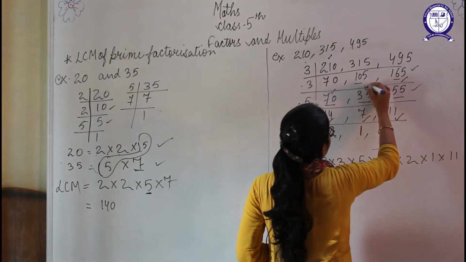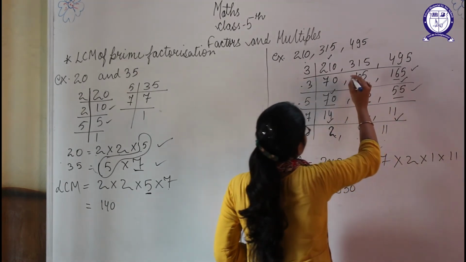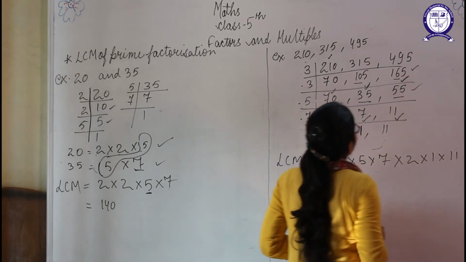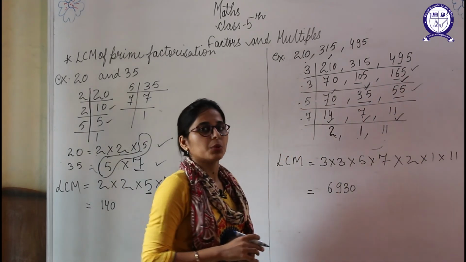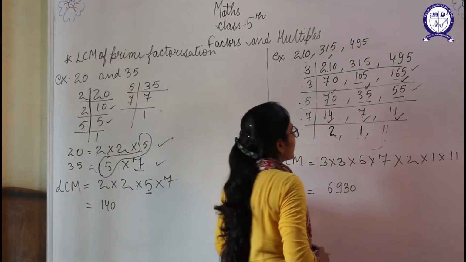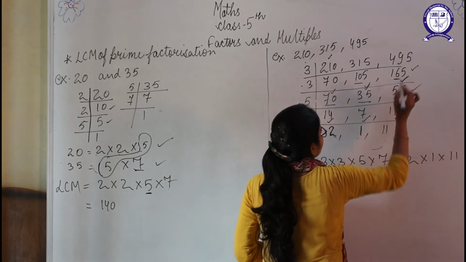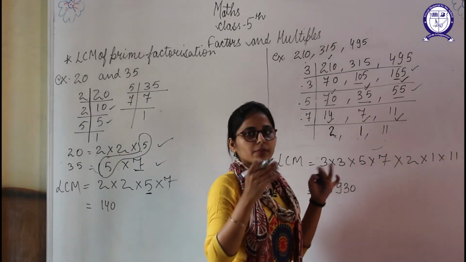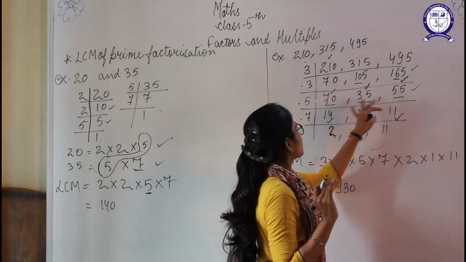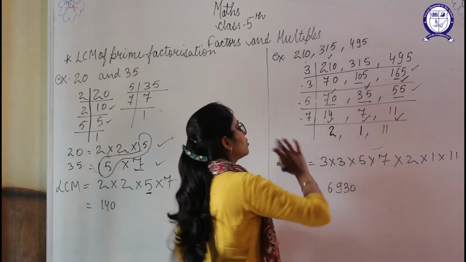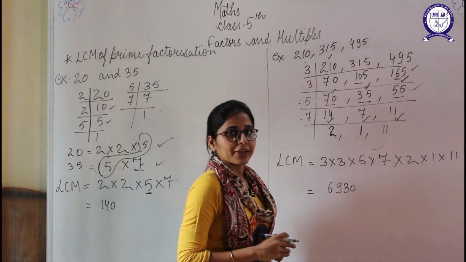Then 315 divided by 3 will give us 105. 495 divided by 3 will give us 165. Now we will divide again by 3 because these two numbers are divisible by 3. We will write 70 as it is because 70 is not divisible. Now 35 and 55, we will divide these numbers by 5 because all these three are divisible by 5.